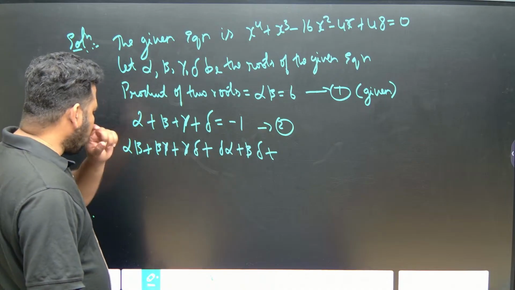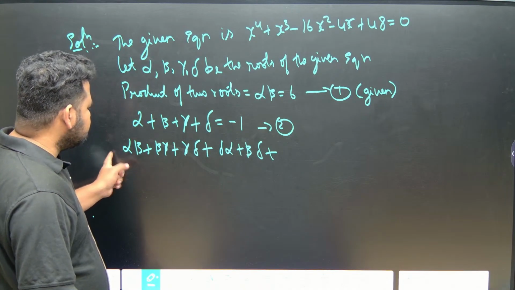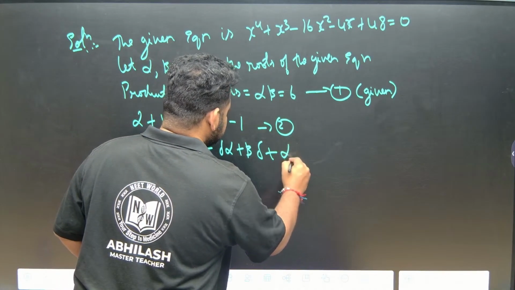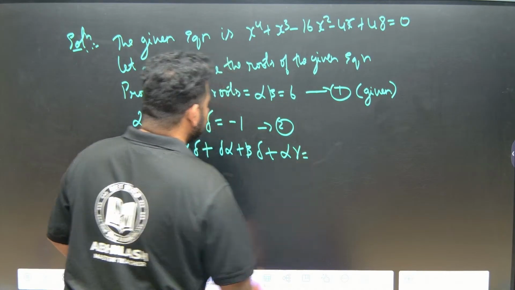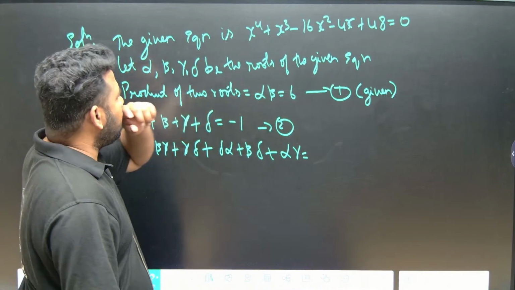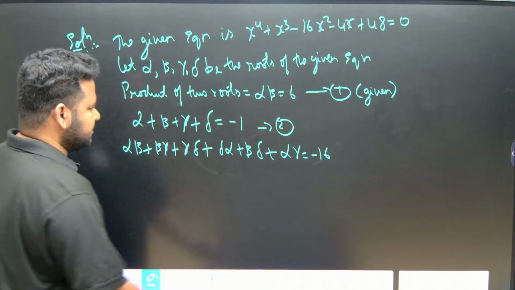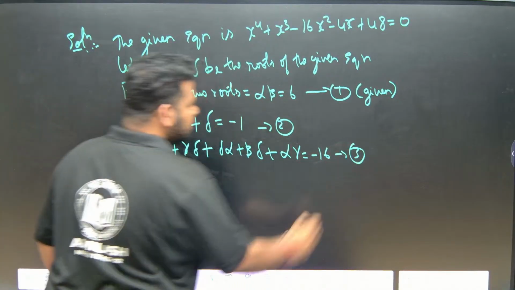Beta delta and alpha gamma. Correct? Alpha gamma. This is c by a, and c by a means this is minus 16 itself. Minus 16 will remain as it is. This is equation 3.